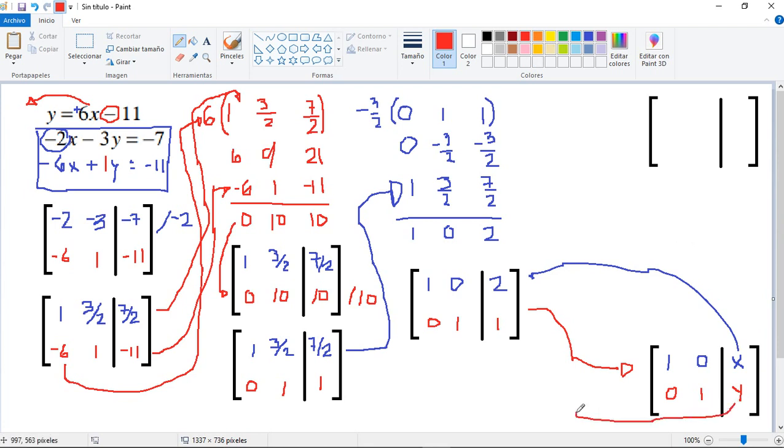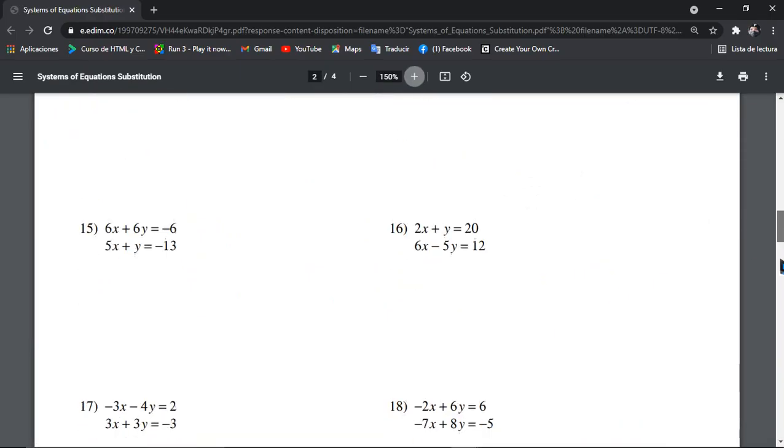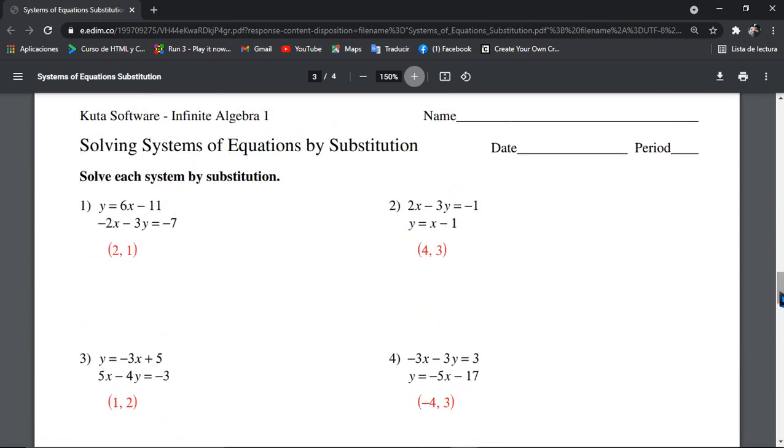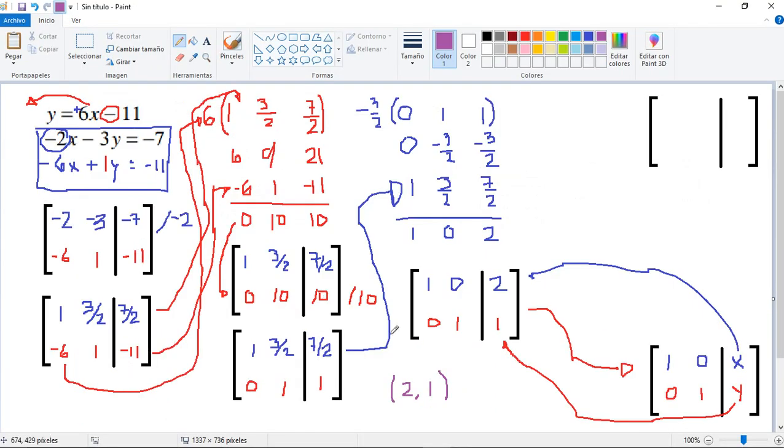This number is y. In other words, if we write this with parentheses, x equals 2, comma, y equals 1. This is the result. If we check on our worksheet, problem 1 is 2, comma, 1, which we have right here, 2, comma, 1.